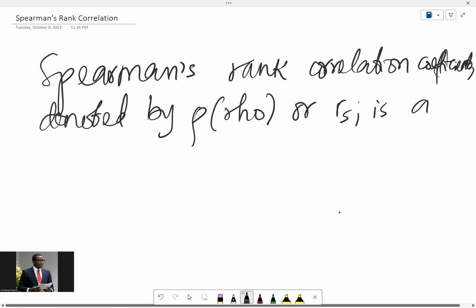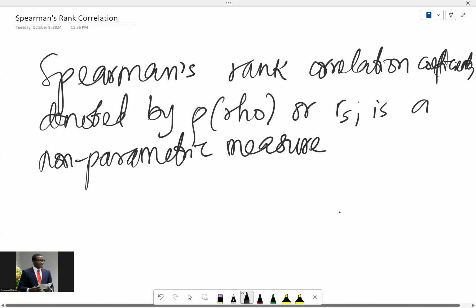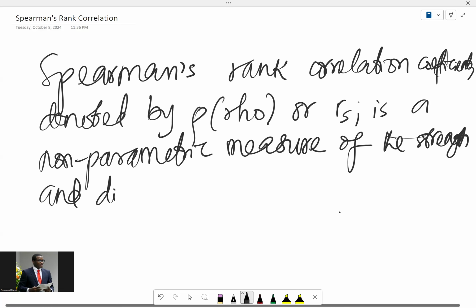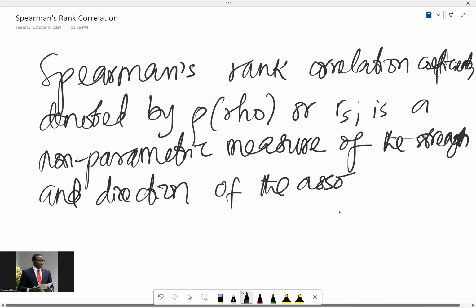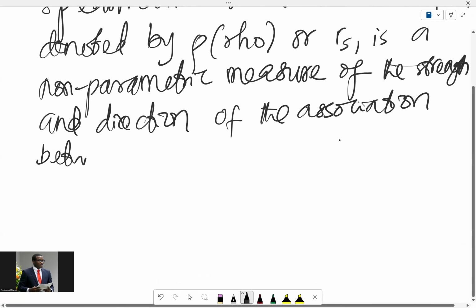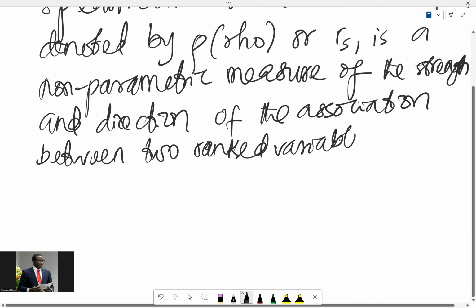It is a non-parametric measure of the strength and direction of the association between two ranked variables. So here ranking comes into it.